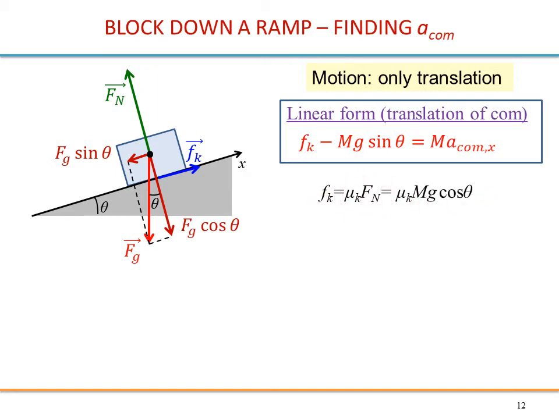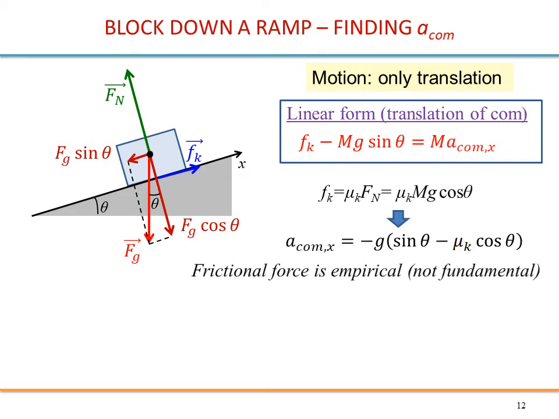You should have seen that in linear motion. So in the end, our acceleration is given by this. Already you can see that there is no straight dependence on m, even though this may include something, but this mu_k is empirical.